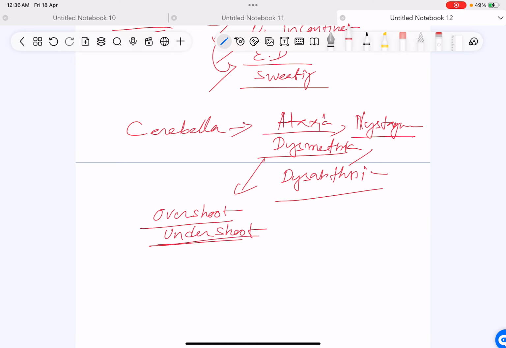Either it will overshoot or undershoot. Overshoot is hypermetria, undershoot is hypometria. Together, dysmetria.